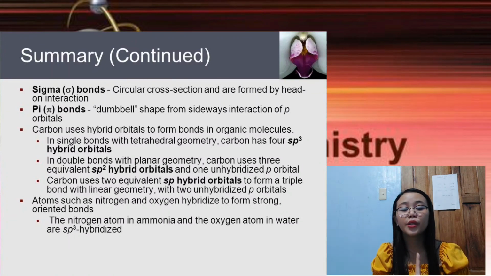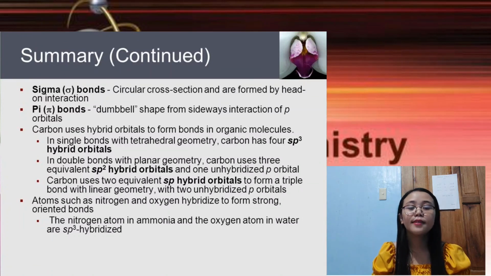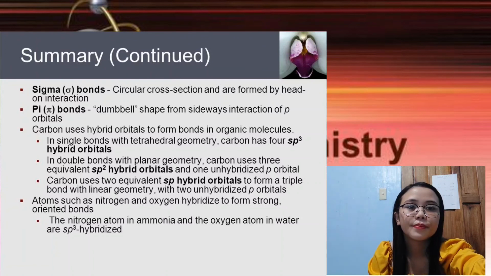Carbon uses two equivalent sp hybrid orbitals to form a triple bond with a linear geometry, with two unhybridized p orbitals. Atoms such as nitrogen and oxygen hybridize to form strongly oriented bonds. The nitrogen atom in ammonia and the oxygen atom in water are sp3 hybridized.